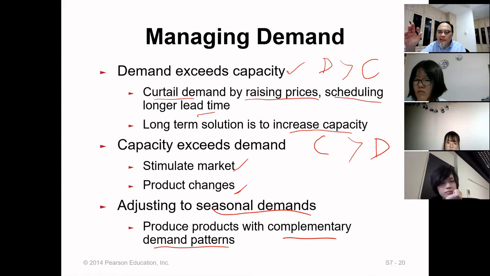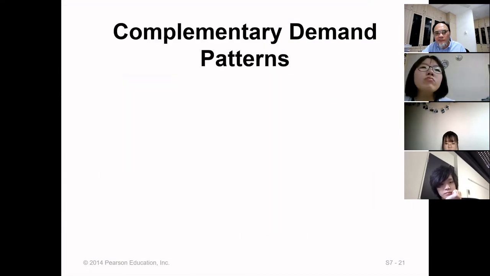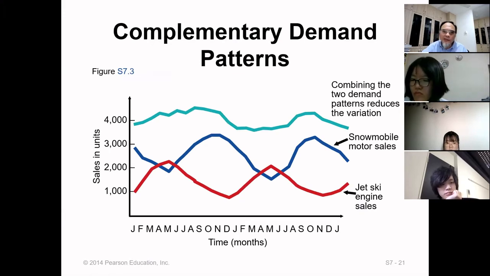Malaysia, no. Malaysia only has rain and sun, no snow, no winter. Only a rainy season and a sunny season. So you can manage demand through these methods, complementary demand patterns.